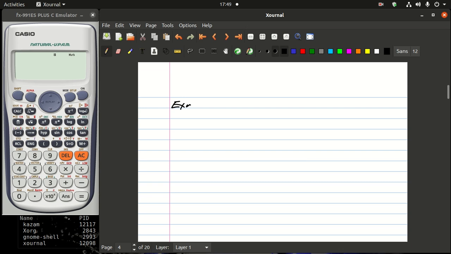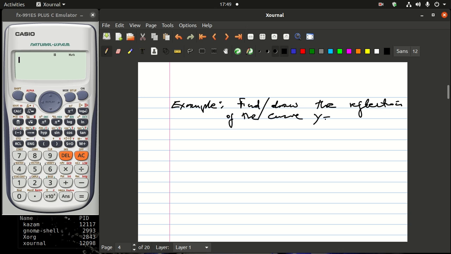Now let's take an example. Find, or we can say draw, the reflection of the curve y is equal to x squared about the origin.